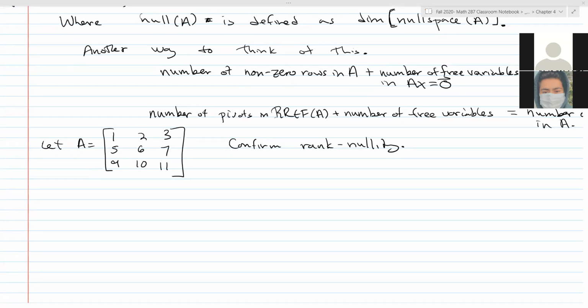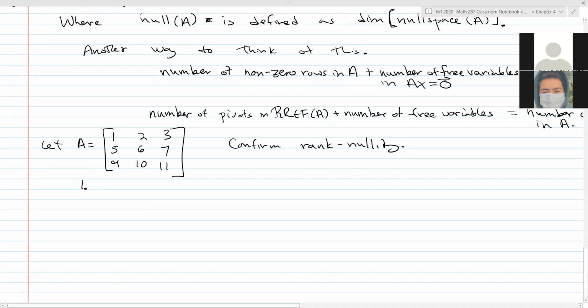And what that means is you're going to go find the null space of A, and you'll find the row space of A, or you go find the rank of A and then the dimension of the null space of A, and combine the two, and it should equal 3, because that's the number of columns in A. All right, so do that first.